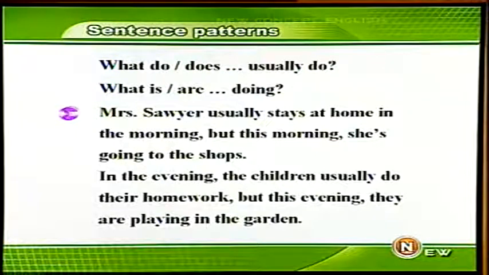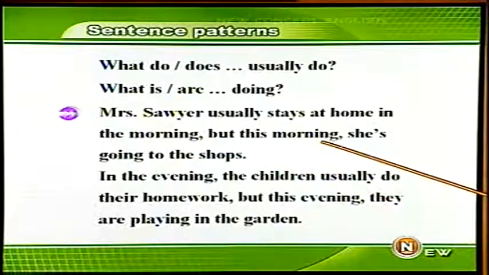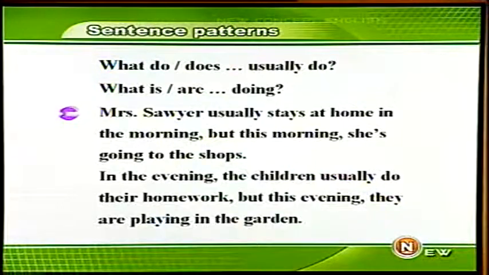Sawyer 太太通常早晨待在家里，但是今天早晨她要去商店。请注意这句话当中的 in the morning 早晨，this morning 今天早晨，usually 通常，所以这句话的前半句用的是一般现在时，表示经常发生的动作，而后半部分用的是现在进行时，表示今天早晨正在发生的动作。In the evening, the children usually do their homework, but this evening they are playing in the garden.